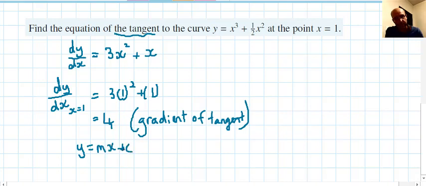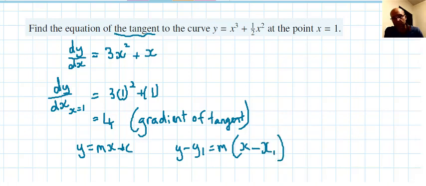There's a couple of ways of doing this. We could use the point gradient form of the straight line. So y minus y1 equals m times x minus x1 is one way we can do it. Or you could just substitute straight into y equals mx plus c.